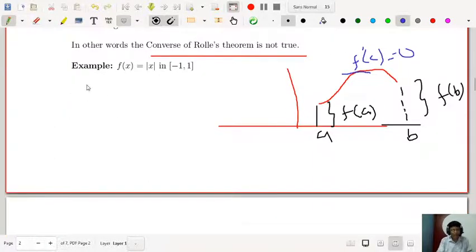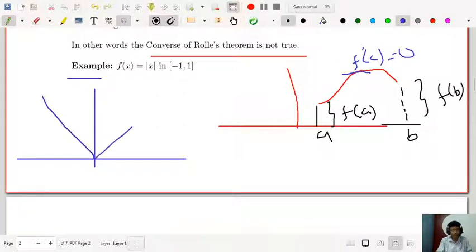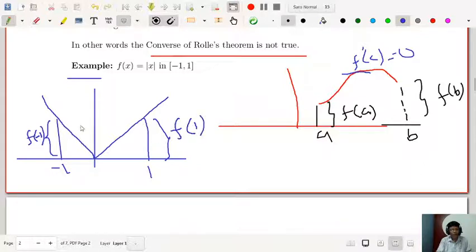Let's have another example, mod x. You see the diagram of mod x is this one, and this is your -1, this is your +1, and the ordinates are equal. f(a) equal to f(-1), f(-1) equal to f(1), right? And this is continuous, but it is not differentiable at 0.